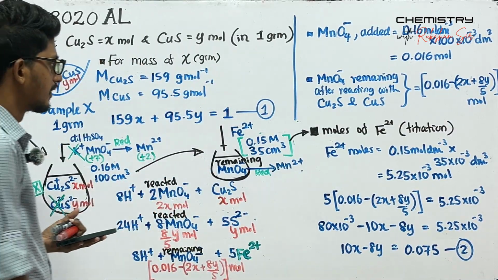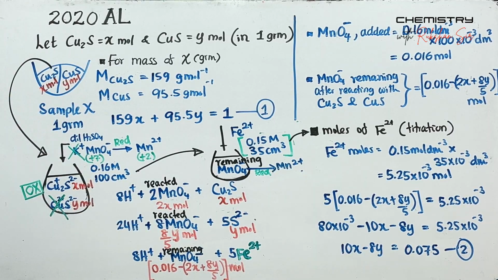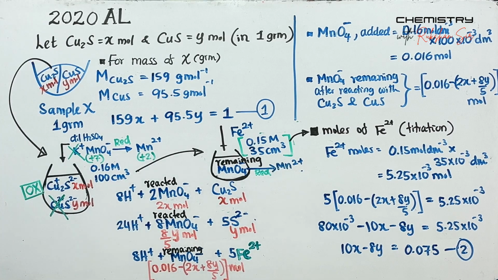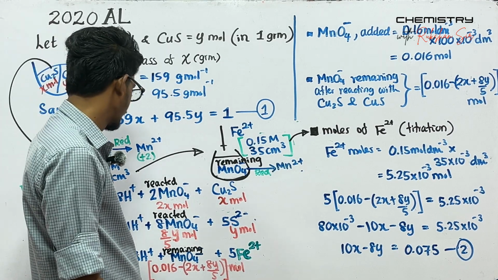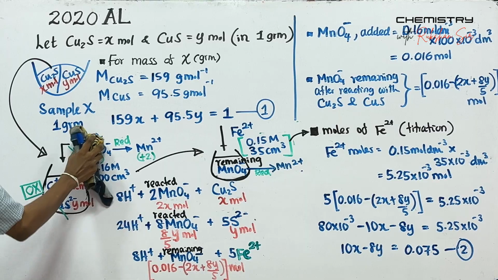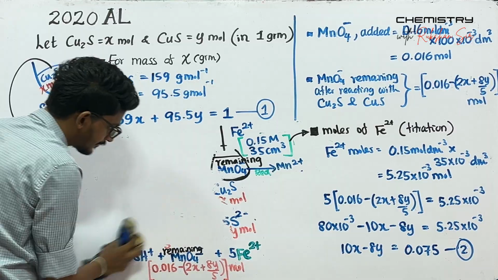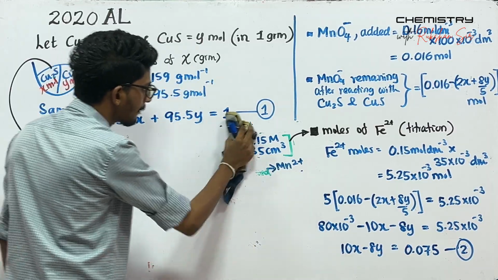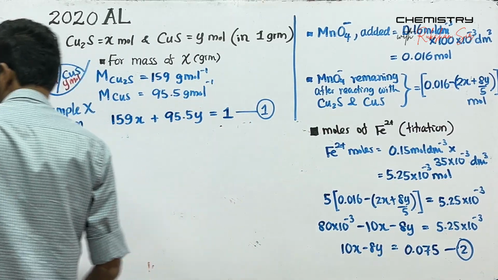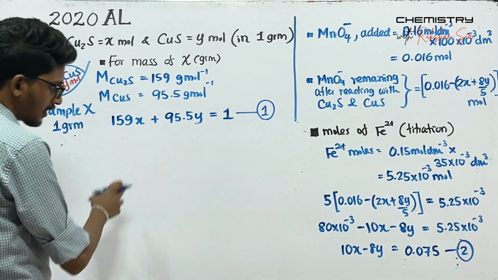Let's try to solve those two and come up with x, right? So I'll erase this thing. Okay, I'll write the second simultaneous equation here as well.